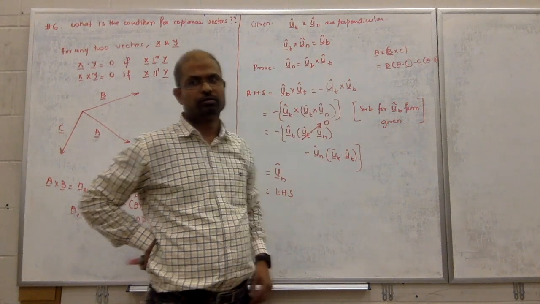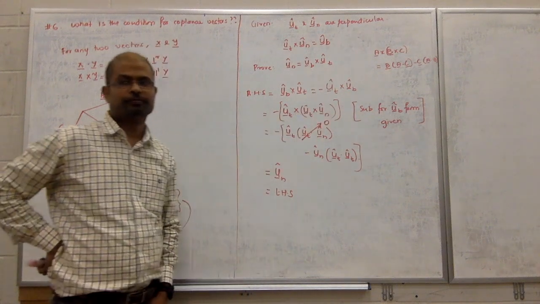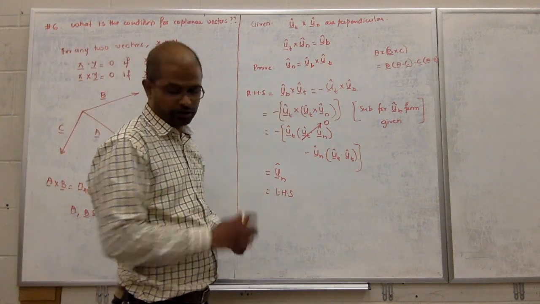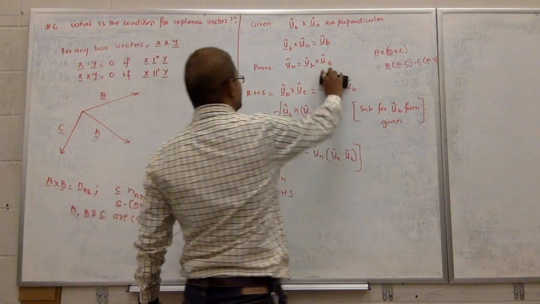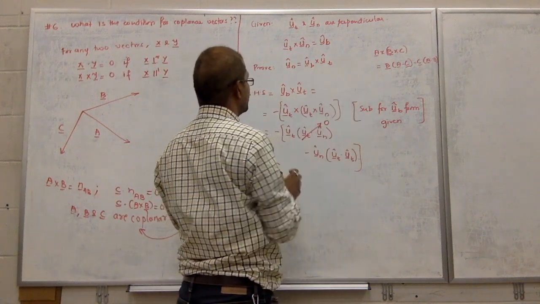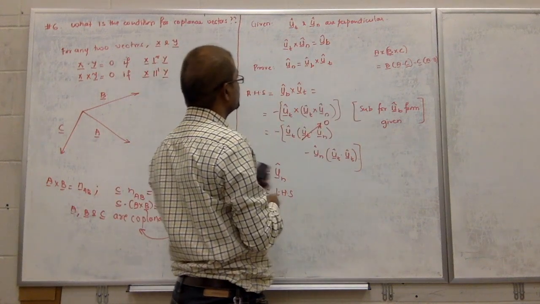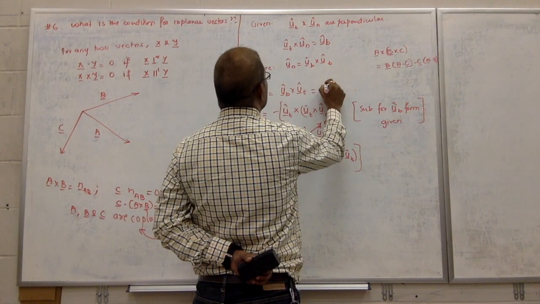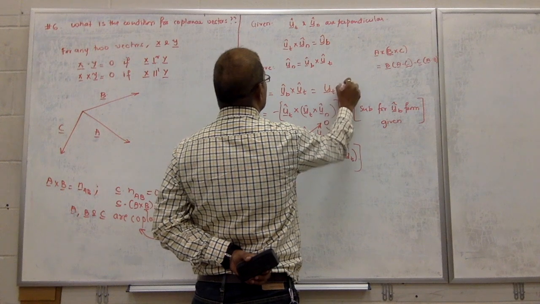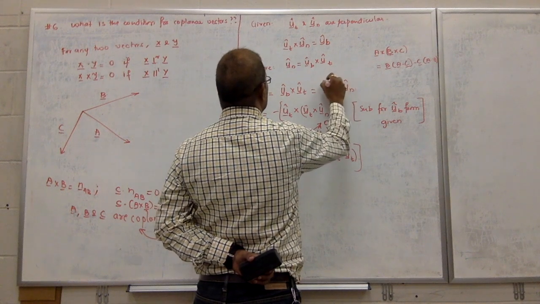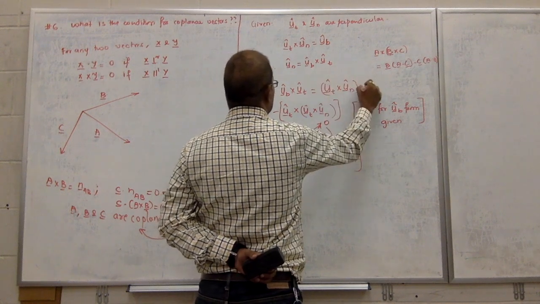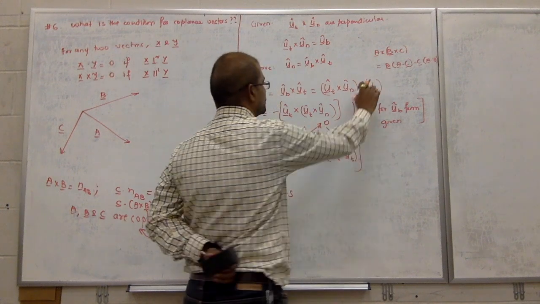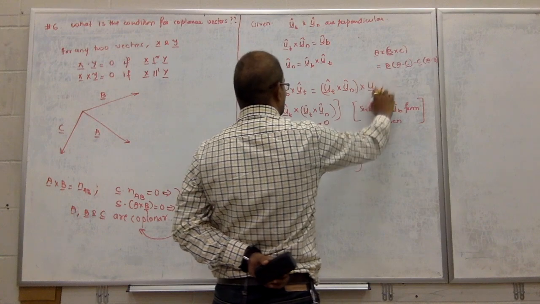So you're saying that you're trying to get B. No. If I did not flip it, if I just substitute it here, what will happen? This will be UT cross UN cross UB. UT. You understand?